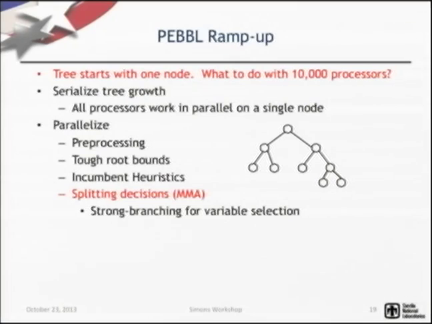If there's more than enough to go around, each of them individually computes the strong branching, basically, and then you do a parallel reduce to find the one that's going to do the best job of moving the upper bound, and then you also do another parallel reduce to compute the look-ahead bound.